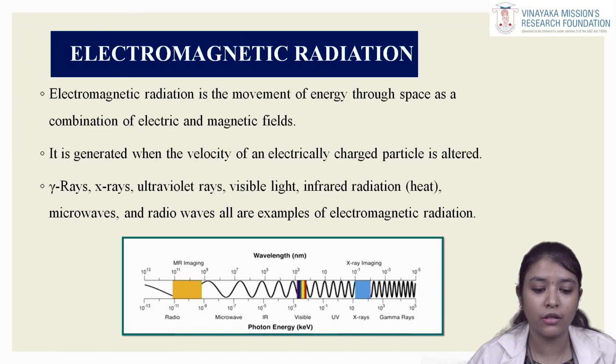Electromagnetic radiation is the movement of energy through space as a combination of electric and magnetic fields. It is generated when the velocity of an electrically charged particle is altered. Examples of electromagnetic radiation are gamma rays, X-rays, ultraviolet rays and so on.